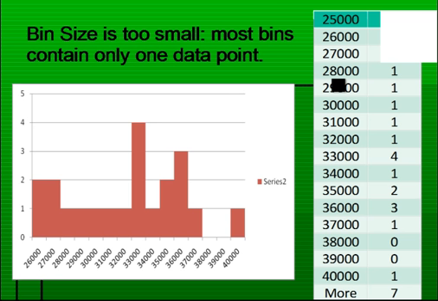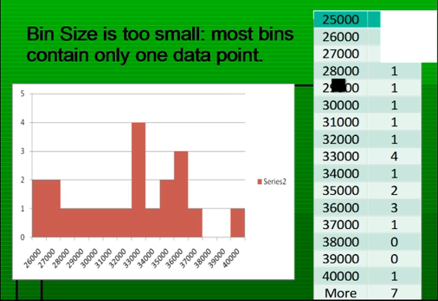Now we consider what happens when the bin size is too small. We looked at the poor countries and we saw that 1000 is a reasonable bin size. If we divide countries into categories from 5,000 to 6,000 and 6,000 to 7,000, this produces a reasonable picture of the distribution of the data.